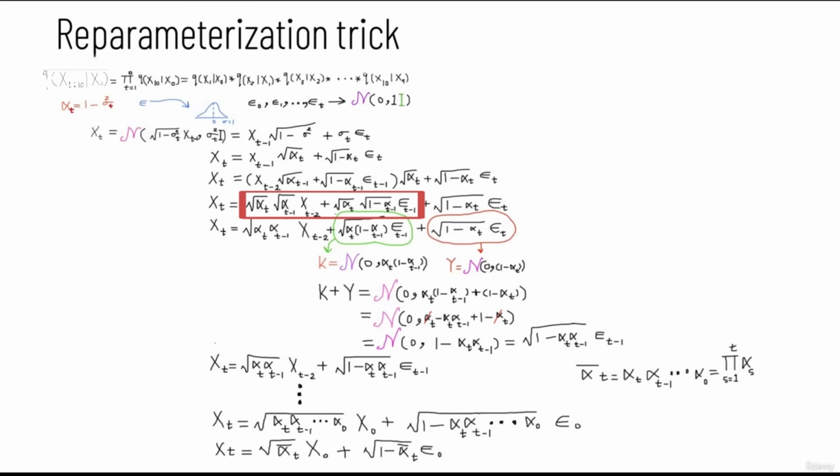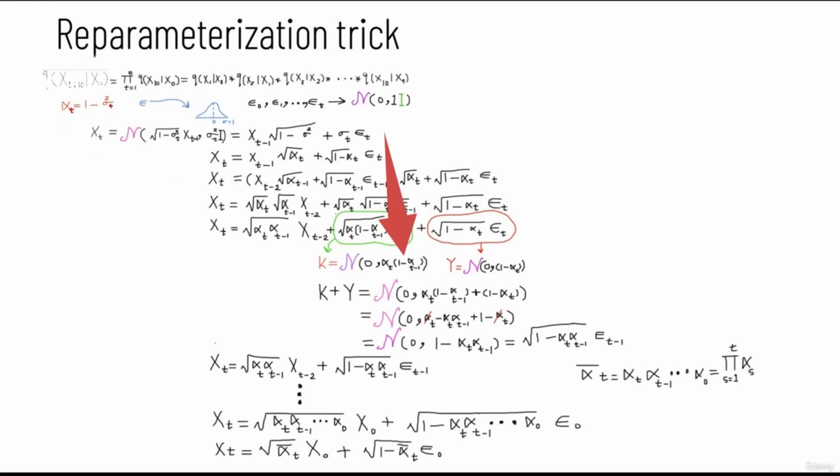And here is the result. xt is equal to the square root of alpha t times the square root of alpha t minus 1 times xt minus 2, plus the square root of alpha t times the square root of 1 minus alpha at time step t minus 1 times epsilon t minus 1, plus the square root of 1 minus alpha t times epsilon t.